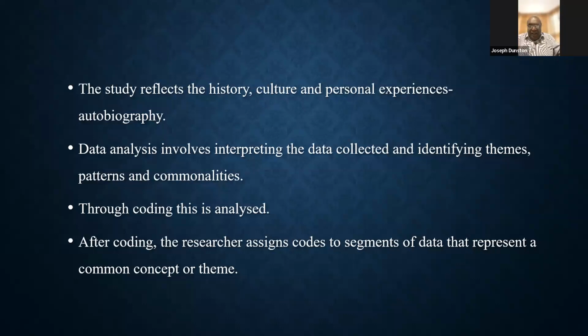You collect everything, then you segment the data, and finally apply the coding inductively or deductively, and then you start giving a label for each segment. For example, if you're taking up the food eating habit in a city or a village, you take up a hotel, a restaurant, and then you talk about the food which is being eaten.